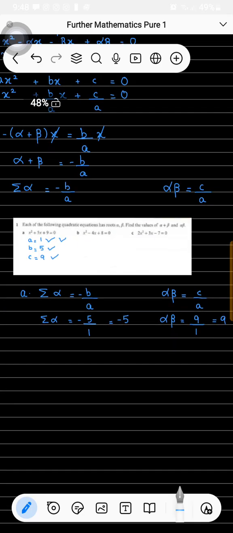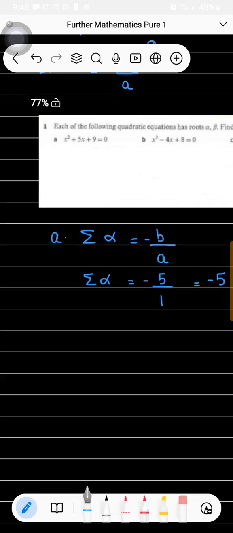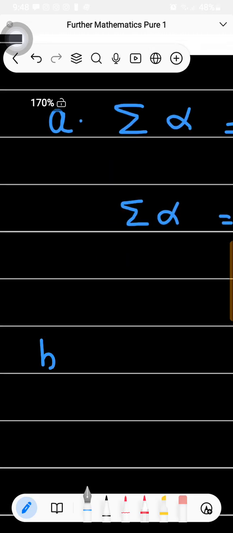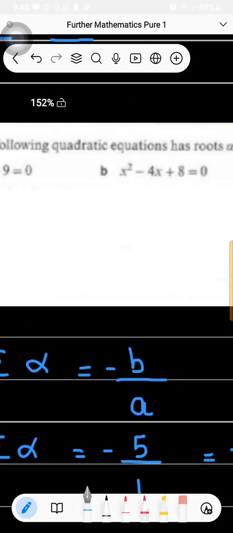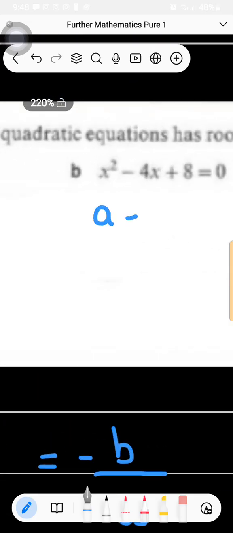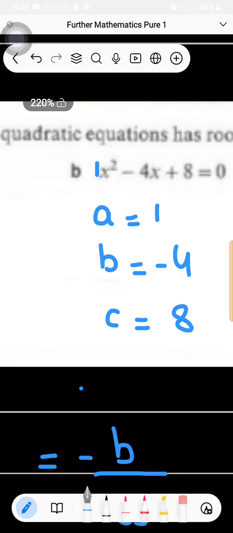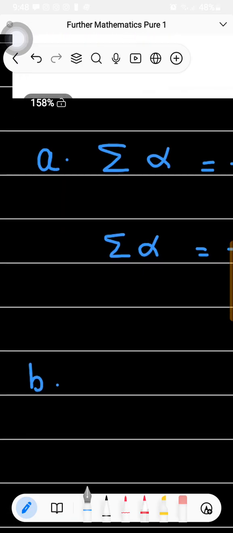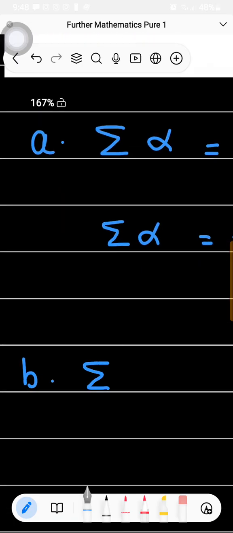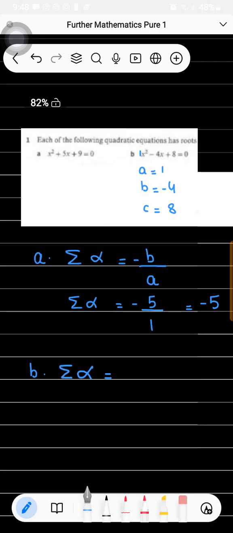Now, wait for a bit. Now move to part B. In part B, a is 1, b is negative 4 and c is 8. So we will apply the same formula, sum of alpha equal to negative b upon a.